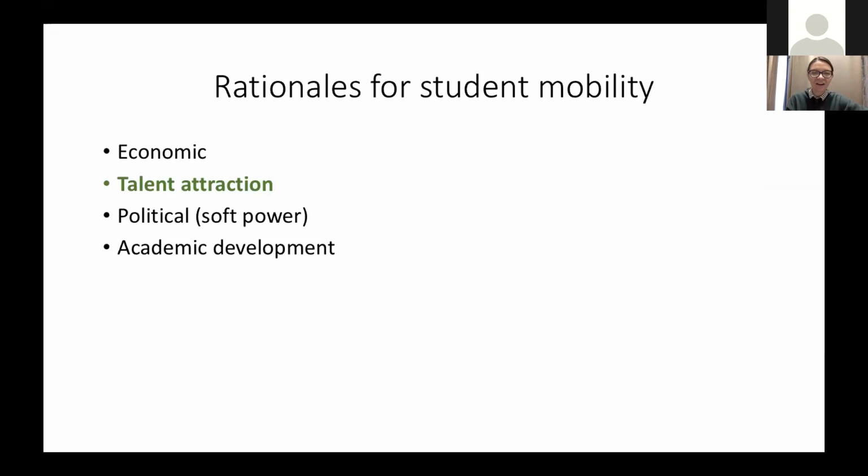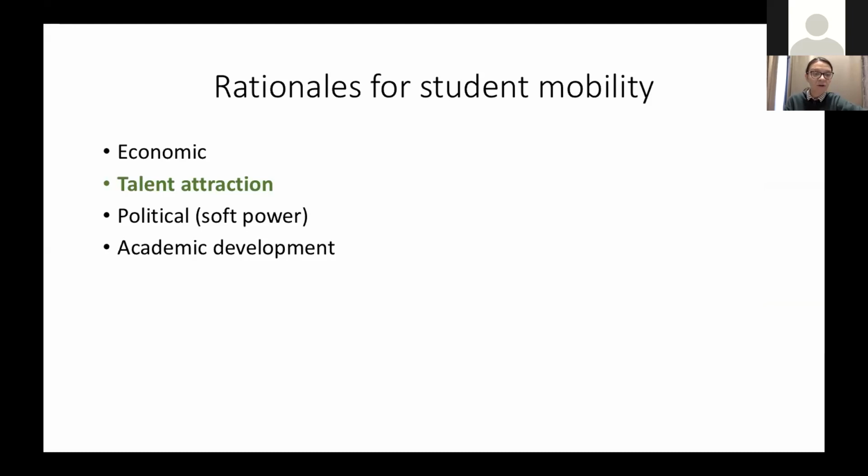One of the rationales for student mobility is talent attraction. The rationales for student mobility at the national level and for universities vary based on the countries, their conditions, and their capacity. Many countries pursue economic rationales, and many succeed very much in getting tuition revenue and other sorts of revenue from international students.